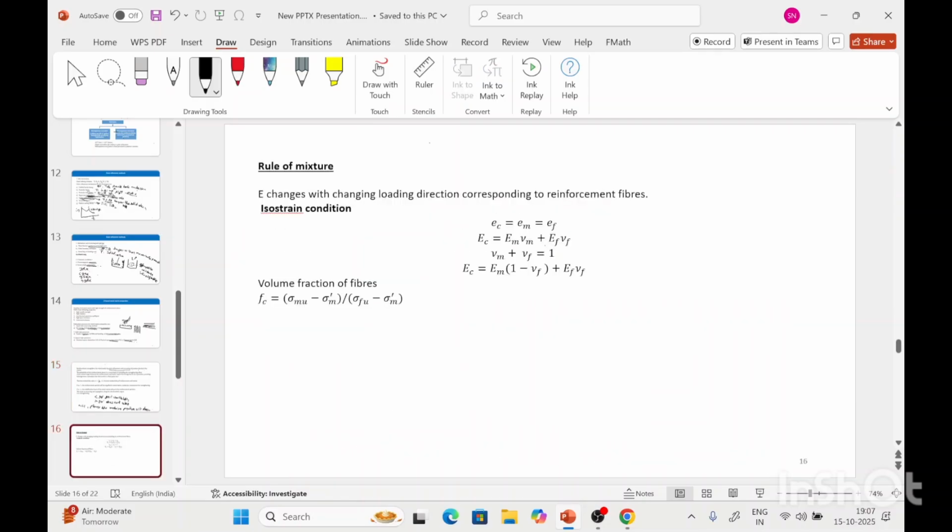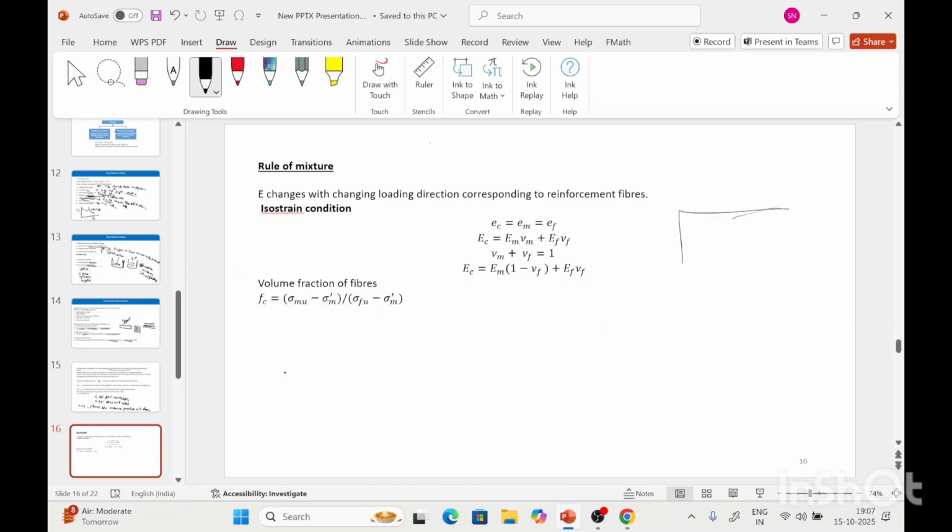Then next is the role of mixture. The role of mixture we study to find the change in elastic modulus by mixing the reinforcement and metal matrix. So the elastic modulus changes with changing loading direction in the composite corresponding to the reinforcement fibers.